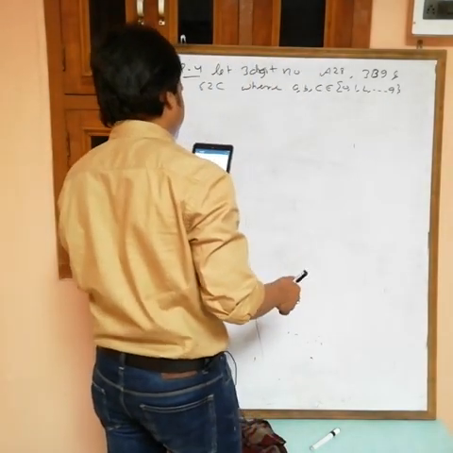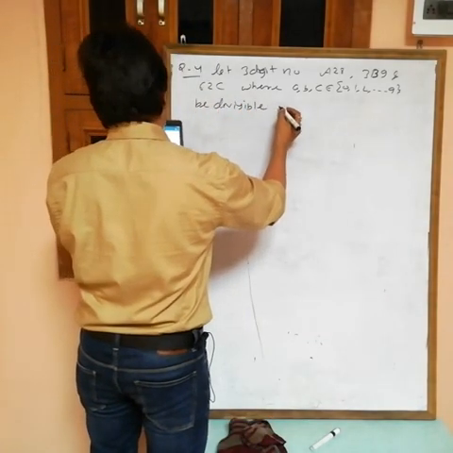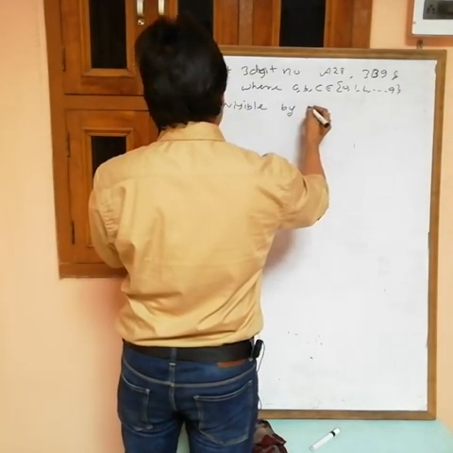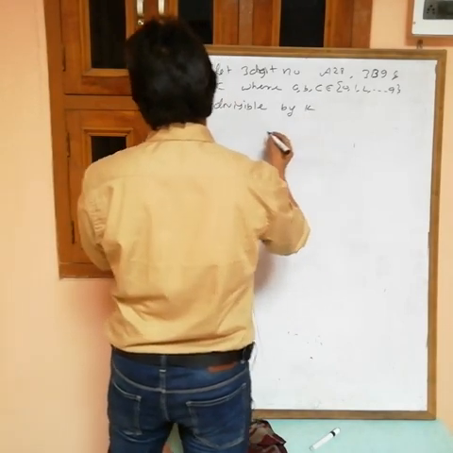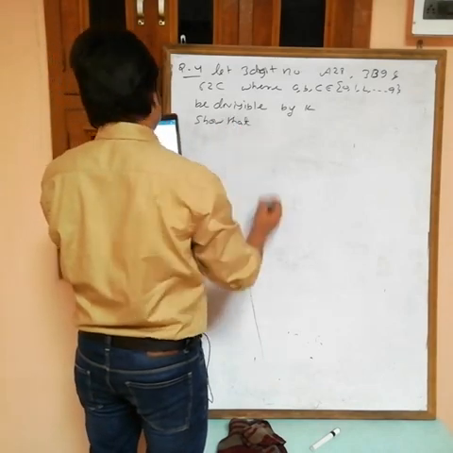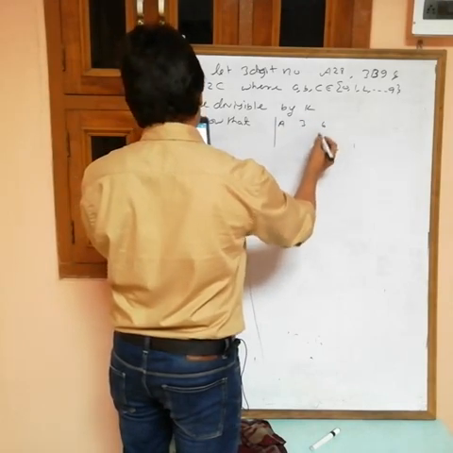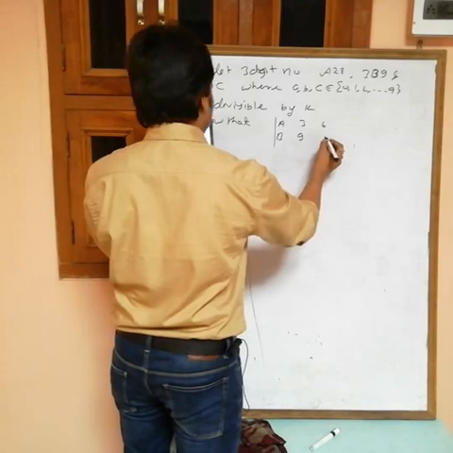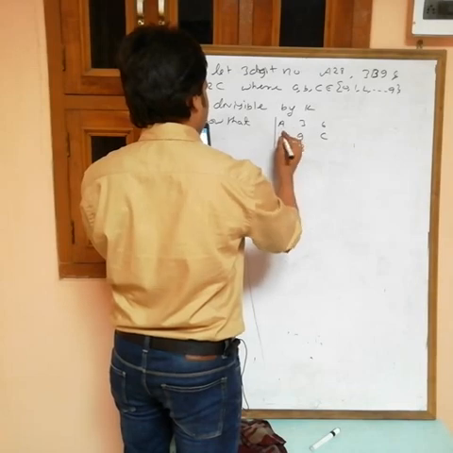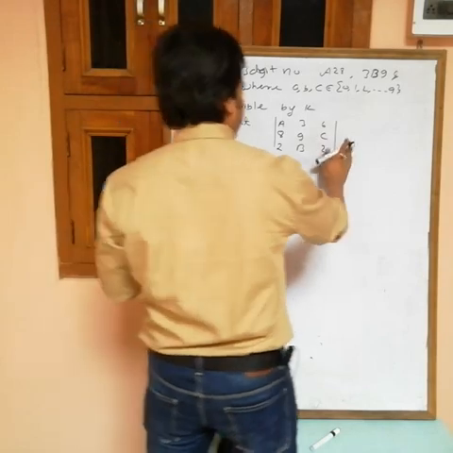B divisible by k, so that the determinant with rows A36, B9C and 2B2, sorry, this one is 8, 2B2, is divisible by k.